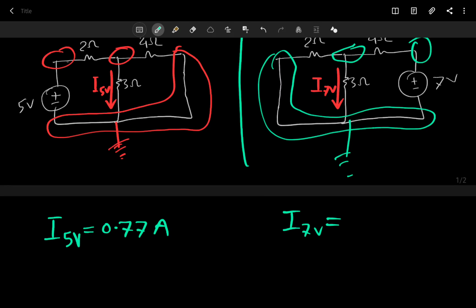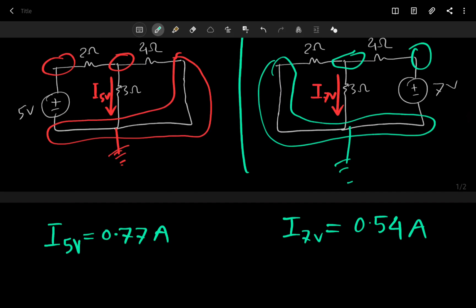Sorry, I meant to say the current component from the 7-volt voltage source is 0.538, or let's just write 0.54 ampere. So that's the contribution coming from just the 7-volt voltage source.